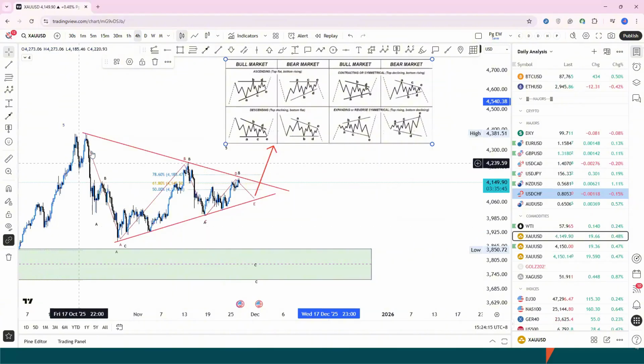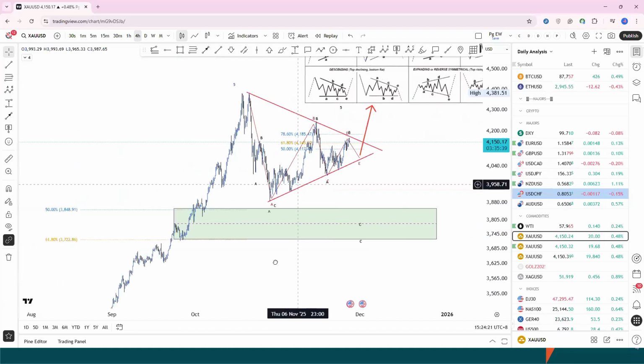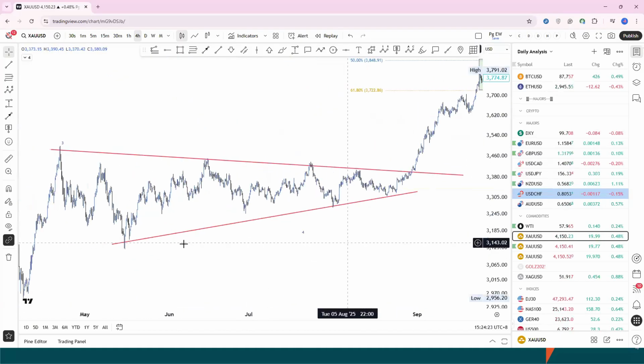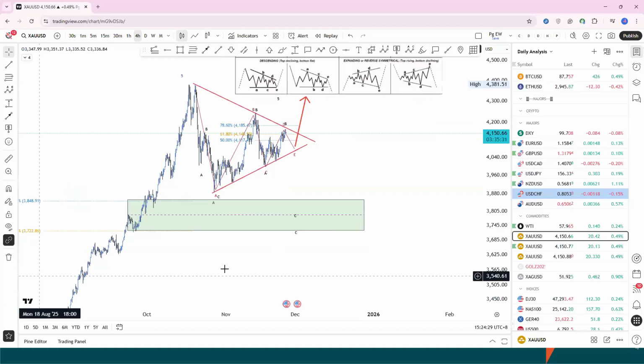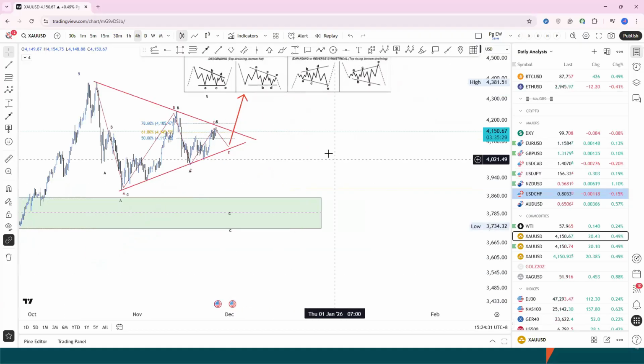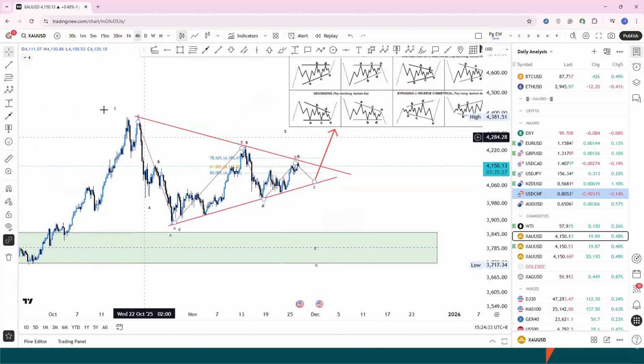You see that price come from here, A, B, C, D. After E is break above. Also same like this, right? A, B, C, D, E, and then go above. Or they're gonna do like that. That's why we need to monitor what is happening right now. Do you guys agree with me?